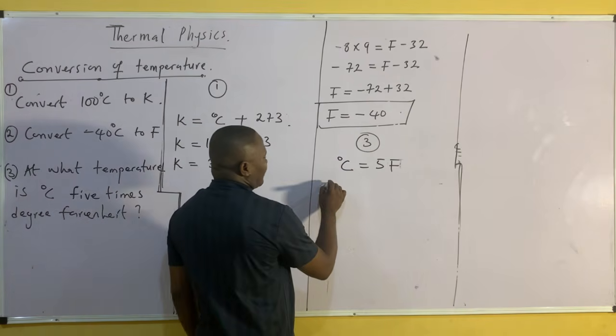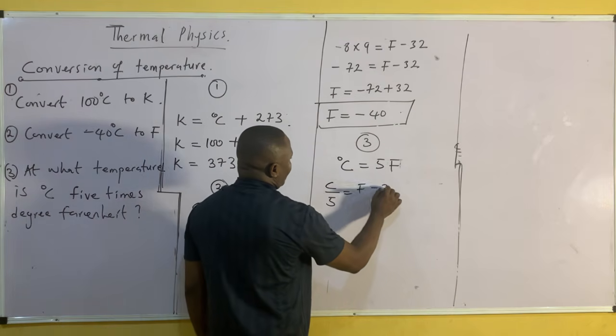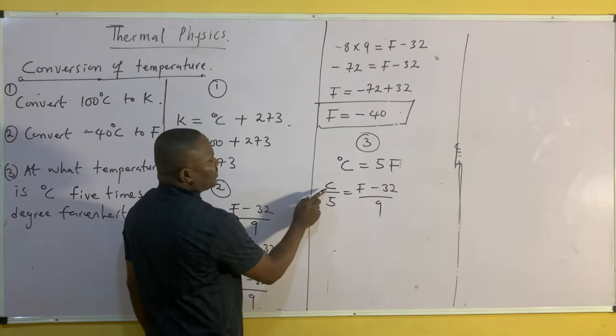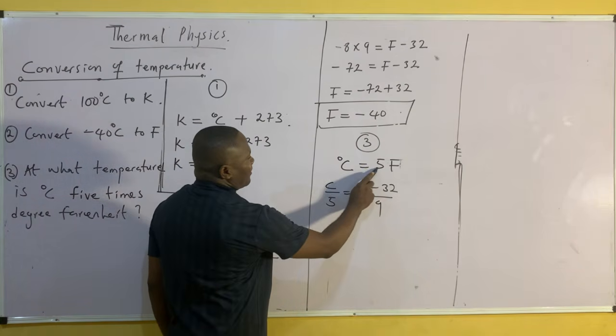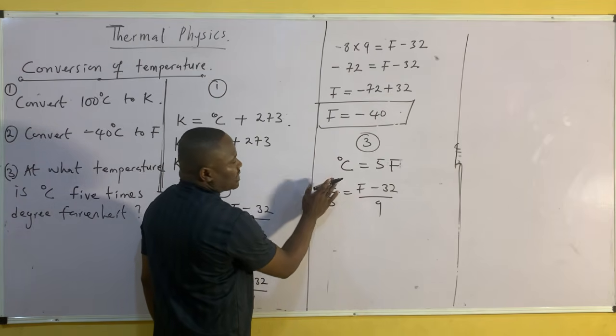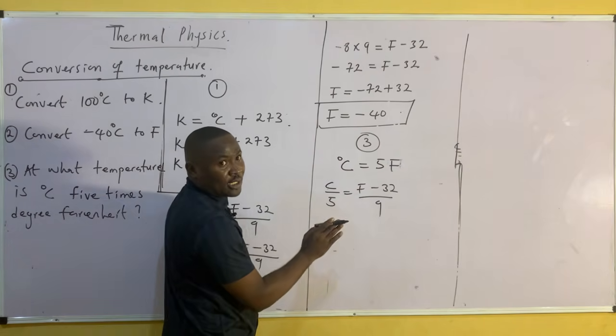So if I use the formula C over 5 is equal to F minus 32 over 9, you see that if I replace C for 5F, the only thing that will appear in this equation will be F. There will be no C again.